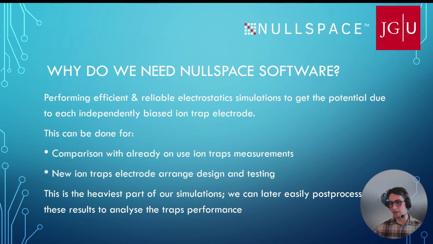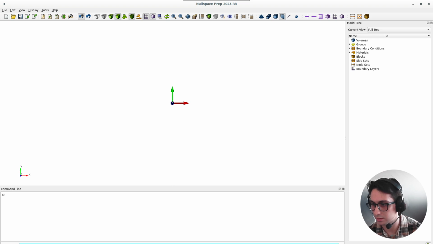So now let me switch to the screen, where we work with Nullspace. Here we have Nullspace Prep already open, where we do the CAD design of the trap. I will go straight to how we use it.